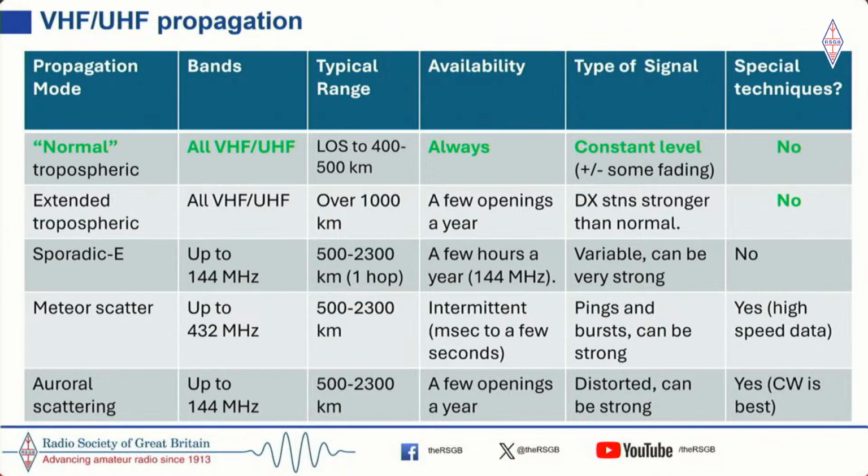Sporadic E ionization happens on 6 meters, it happens on 10 meters, it affects the lower HF bands, but in the VHF bands, it goes up to about 144 megahertz, very, very, very rarely beyond that.